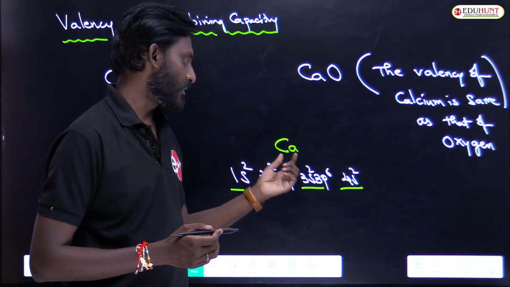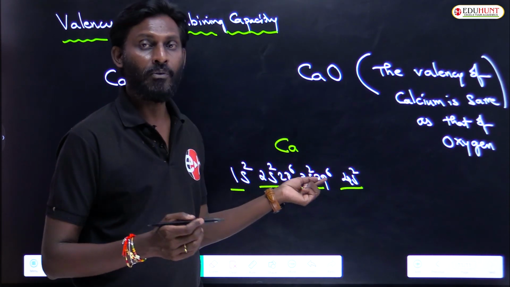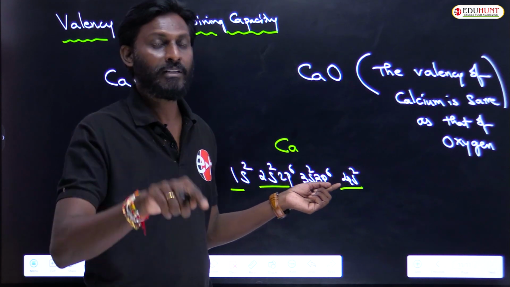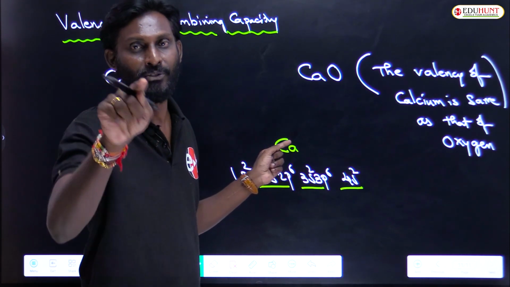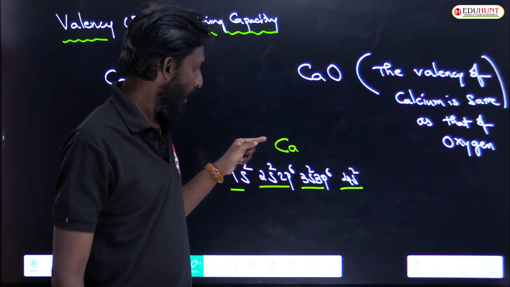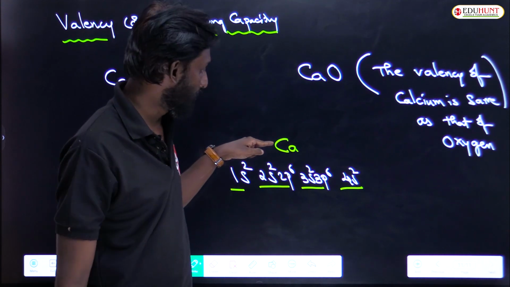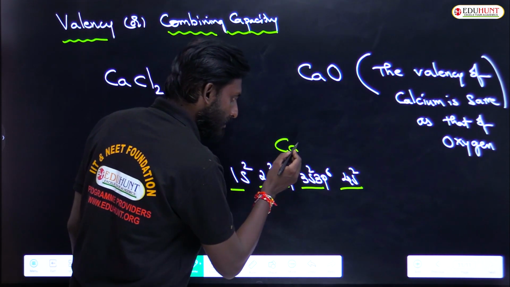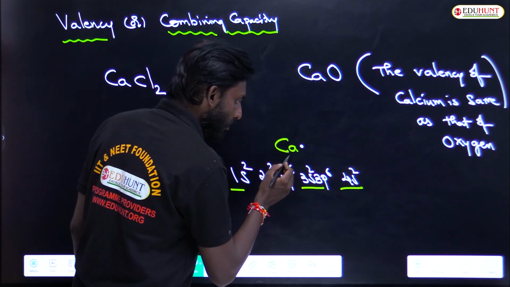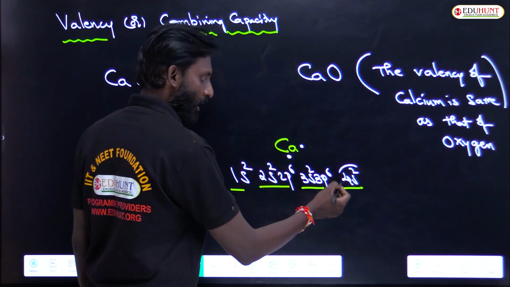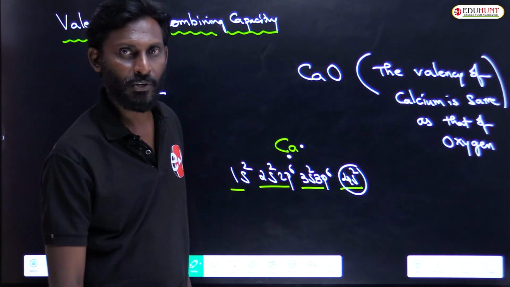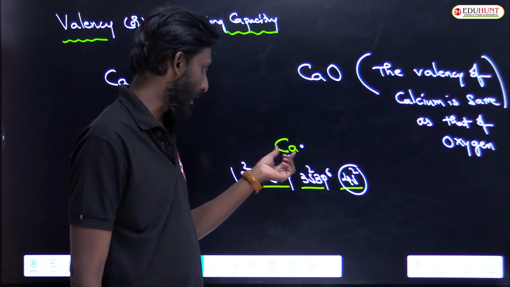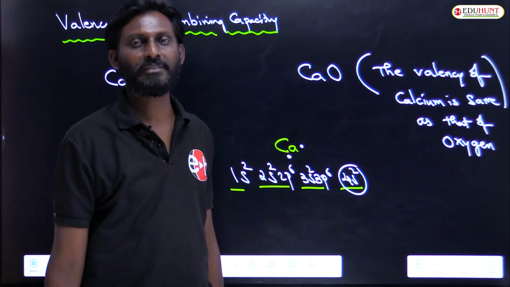Now this is the element symbol. If you have to convert this element symbol into a Lewis symbol, you have to write the valence electrons also here, the number of electrons present in the valency shell. Now calcium has two valence electrons.